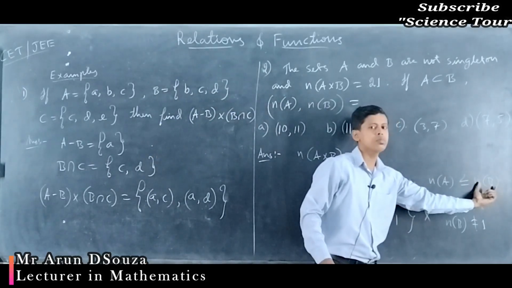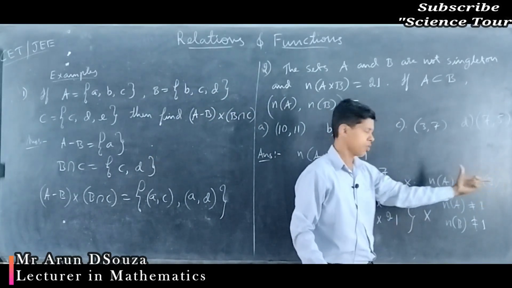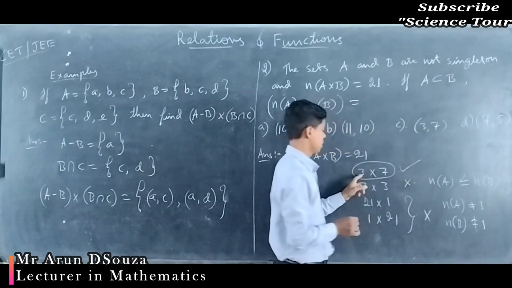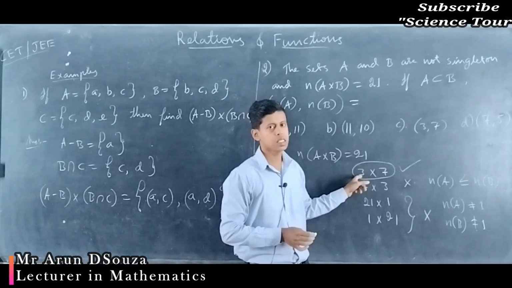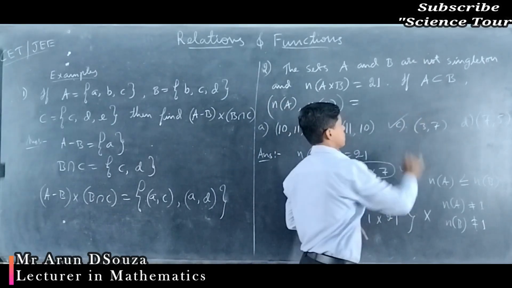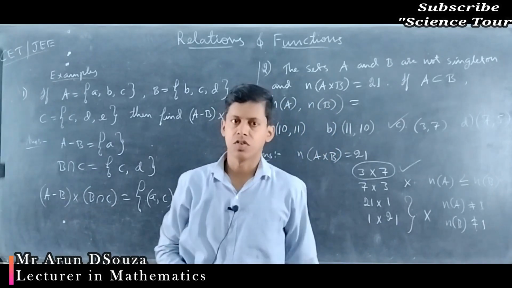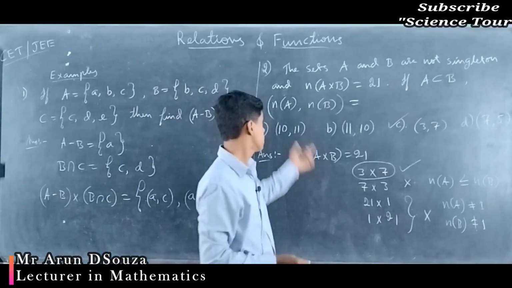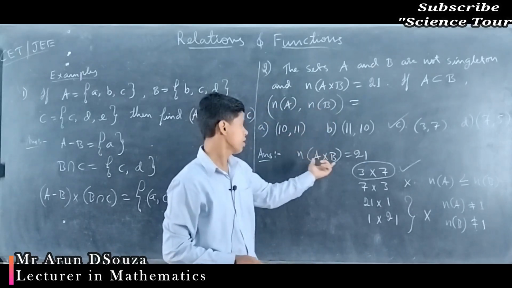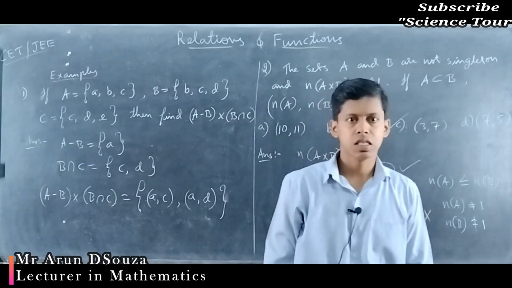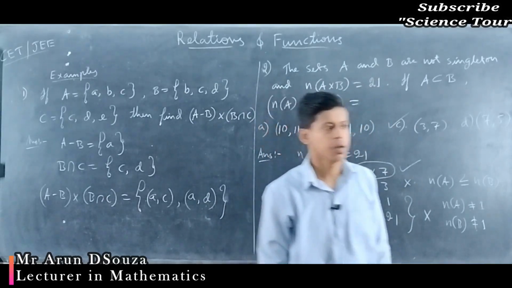So the number of elements in B is more. So the only possibility we have is that the number of elements of A is less than the number of elements of B. Therefore 3, 7 is the right choice for us. So that is about finding the number of elements of A and B if A cross B is given. Well, let's move on to the next concept.